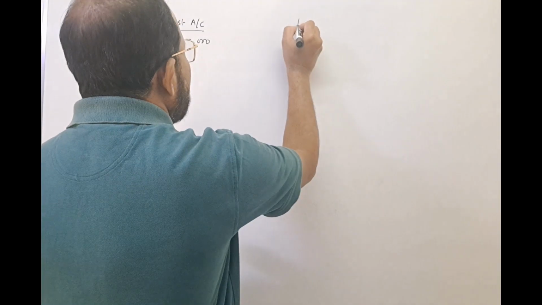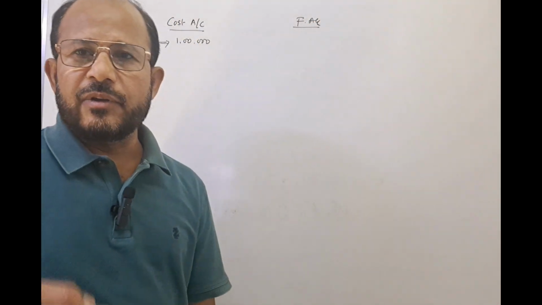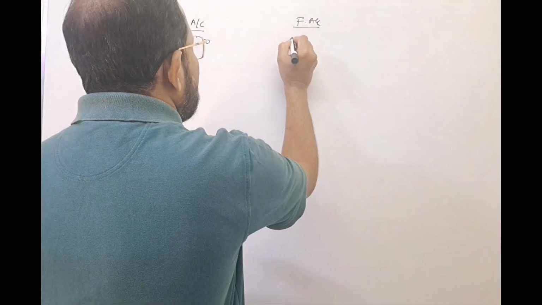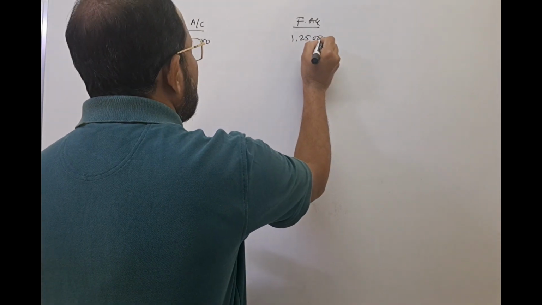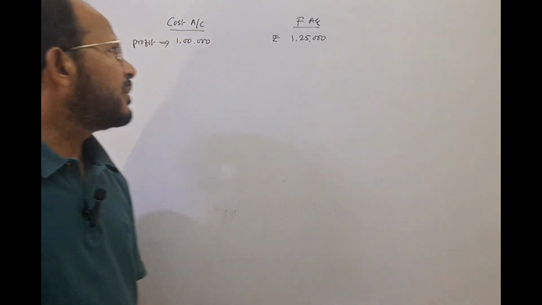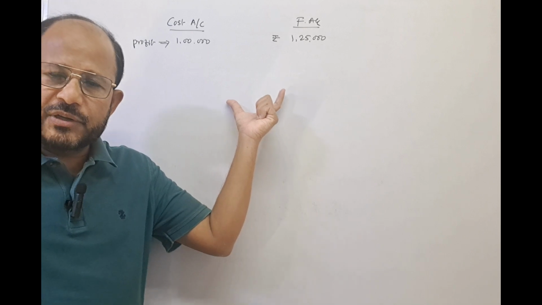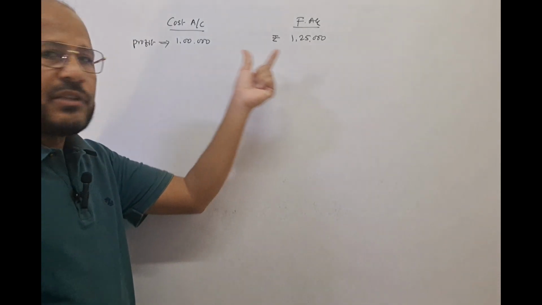And as per financial accounting, after preparing trading and profit and loss account, assume that we got the profit of rupees 1,25,000. Just you see, the business is the same, similar type of transactions have taken place in that year, but even then the result is different.